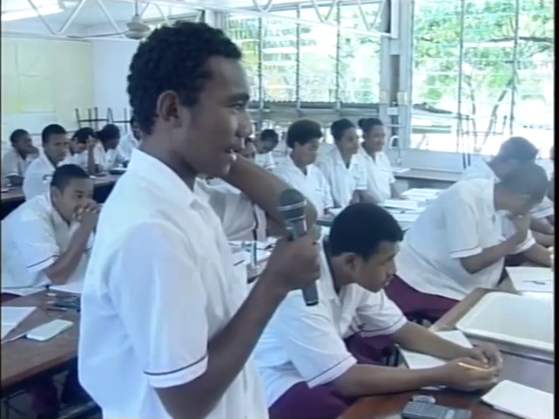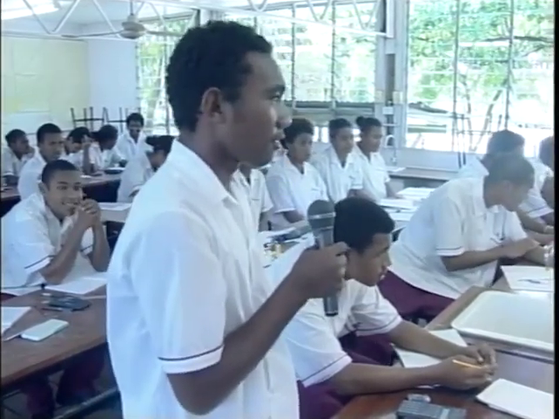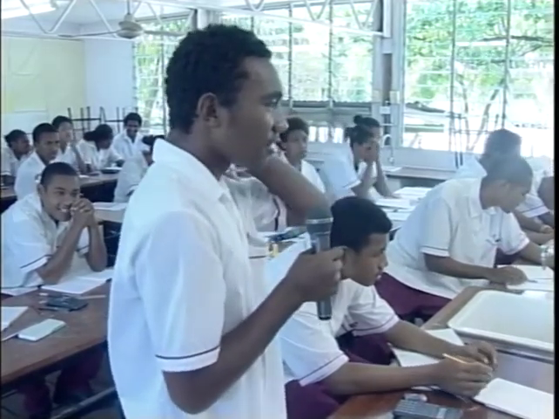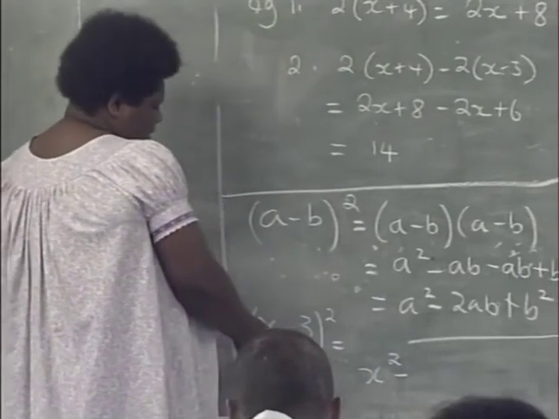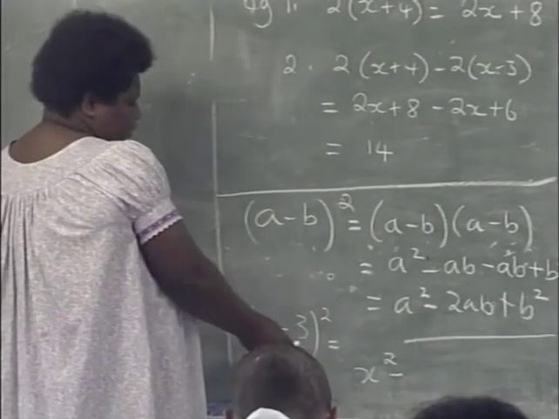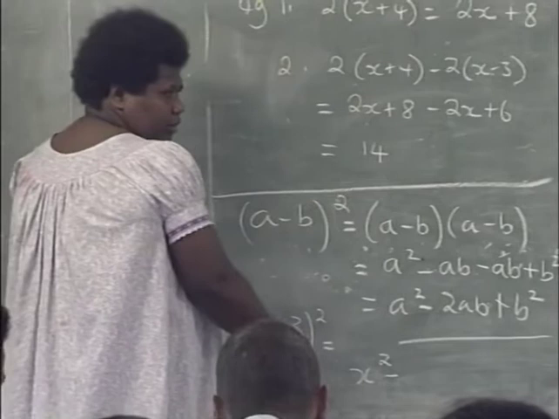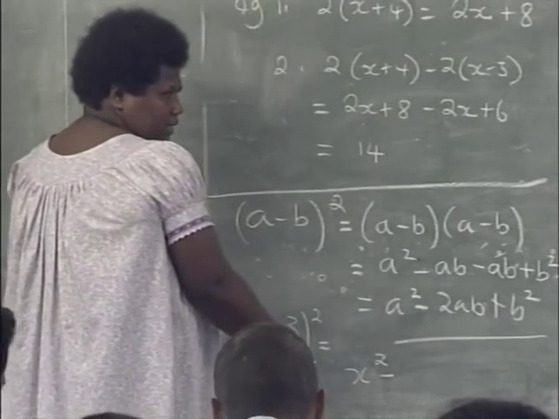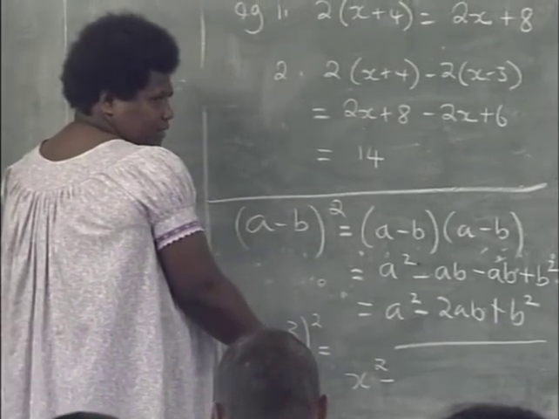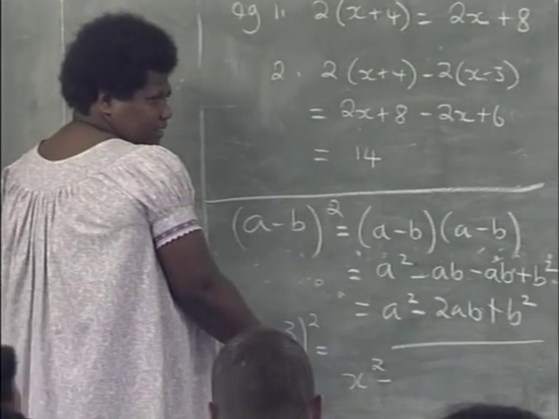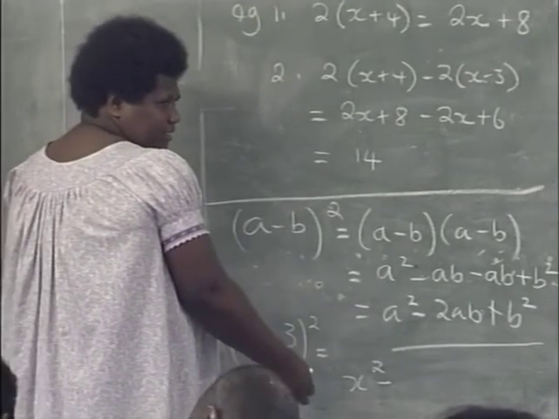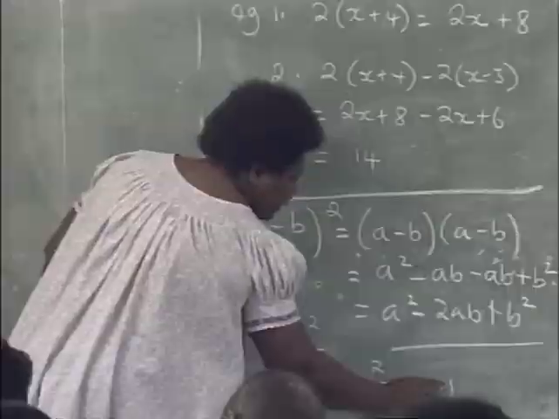Minus 9x. You sure? X times, note it's a minus 3 and multiply that by 2. Are you sure it's minus 9x? Okay, plus 9.